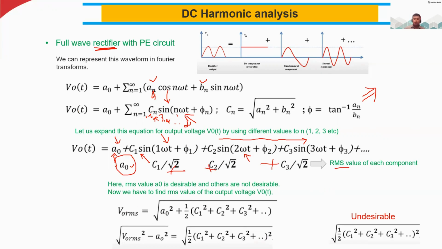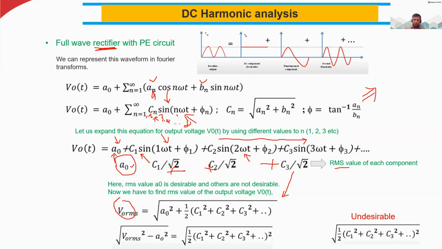But at the output, we have everything together. So square root of A0 square plus 1 by 2 times C1 square plus C2 square plus C3 square and so on. I am just applying everything and then I am making this the RMS value of the output voltage.